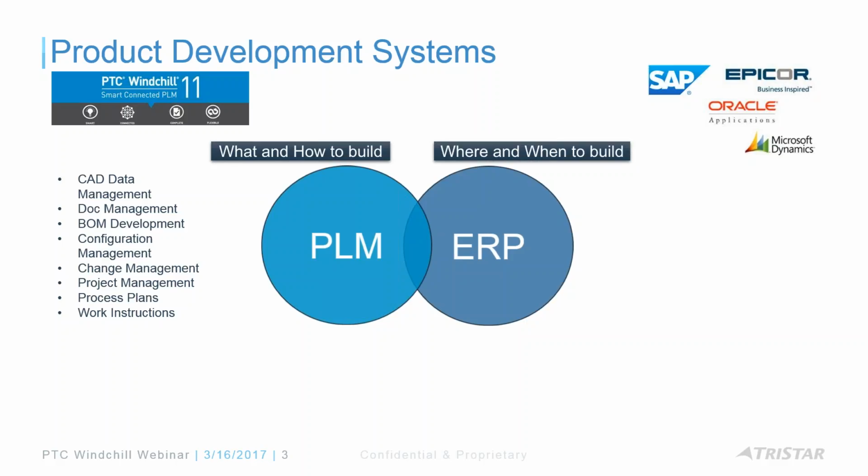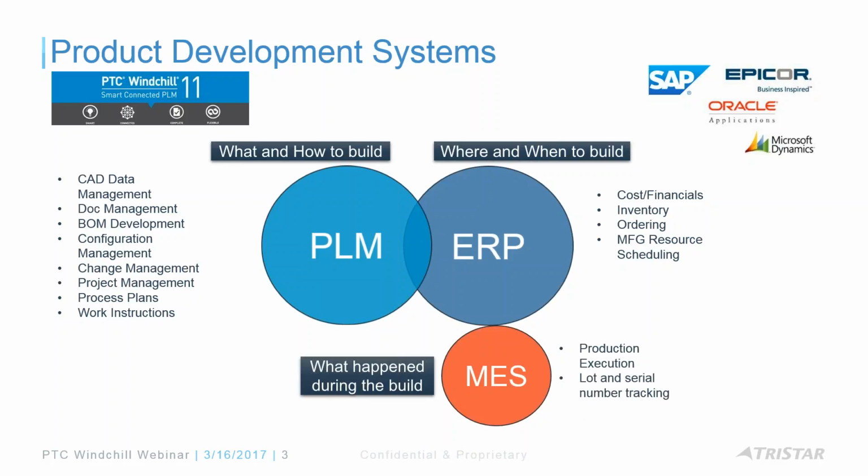Schedules need to be created, and the ERP system will typically manage things like the cost, the financials, inventory items, purchasing, ordering information, and even some manufacturing. Depending on your ERP system, how many manufacturing scheduling modules it has, maybe some of those items.